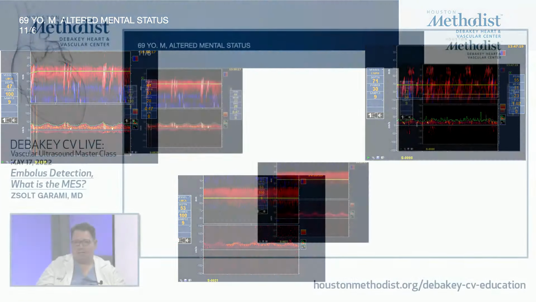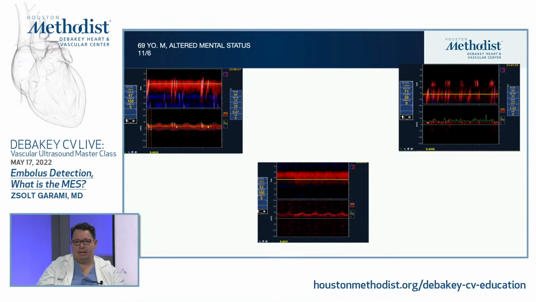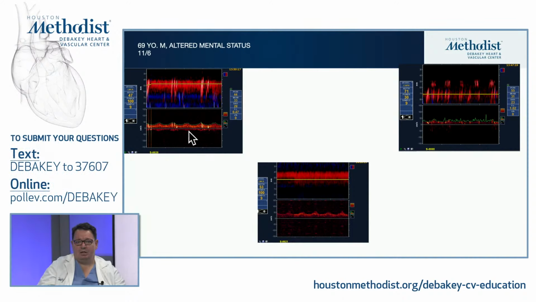Just a few more cases of how we are seeing this. This is a 69-year-old male patient with altered mental status, and it looks like from this waveform that these are LVAD flow patterns. So this is not your normal arterial flow pattern in the brain. And after we saw that, we gave TPA 1 milligram, and we followed up next day, no microembolus signal.